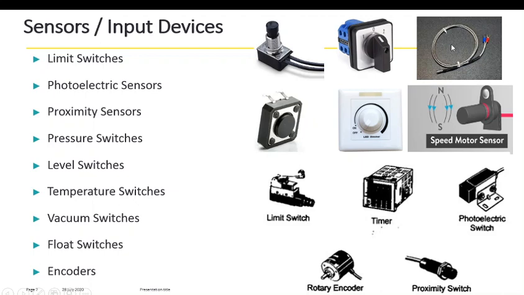So this is a thermocouple. Thermocouples can be of K type or N type; different types of thermocouples are there which we can use. This is a rotary switch. Then this is a motor speed sensor, which will sense the speed of the motor and convert it into an electrical signal. The limit switch we have seen. Timers are also used as input devices. Then this is a photoelectric switch, a rotary encoder, and a proximity switch.